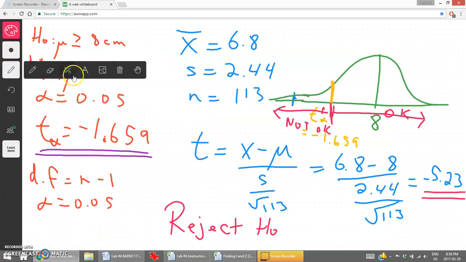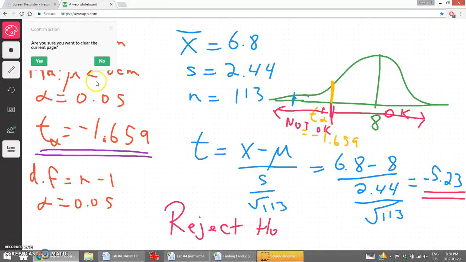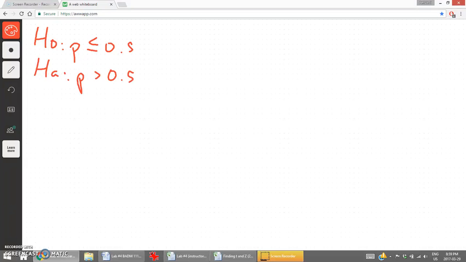So let's erase this and start all over here. Let's start with our null hypotheses. It's a proportion. The null hypothesis is that the proportion of French fries that measure 8 centimeters or more is at least 50%, is greater than or equal to 0.5. The alternate hypothesis will be written like that, is the proportion, I got those backwards.